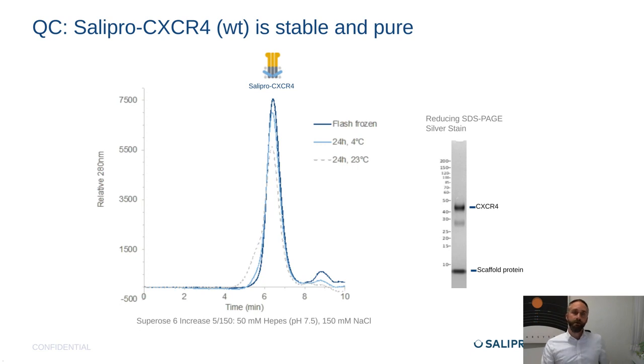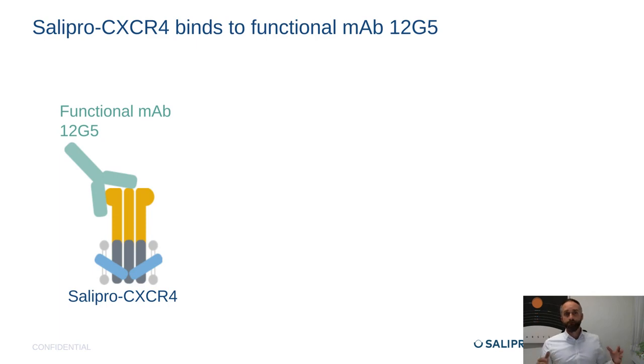We have a look at the buffer with HEPES and salt, and we have a very stable and pure CXCR4 that you can see here, and we've seen the structure out of it. In the next step, we wanted to investigate how an antibody, which is known to only bind to functional and structurally properly folded CXCR4, behaves with our setup.